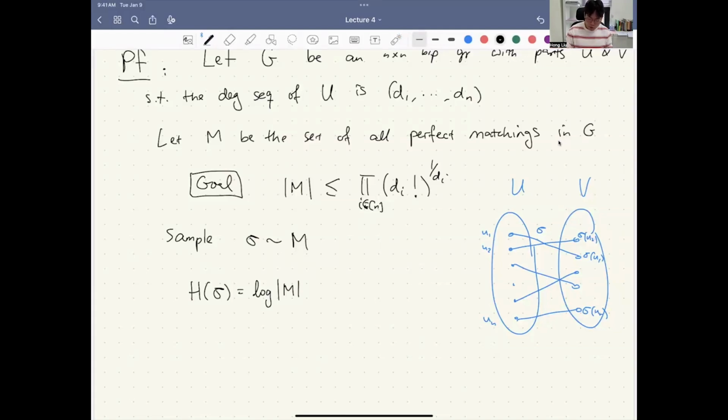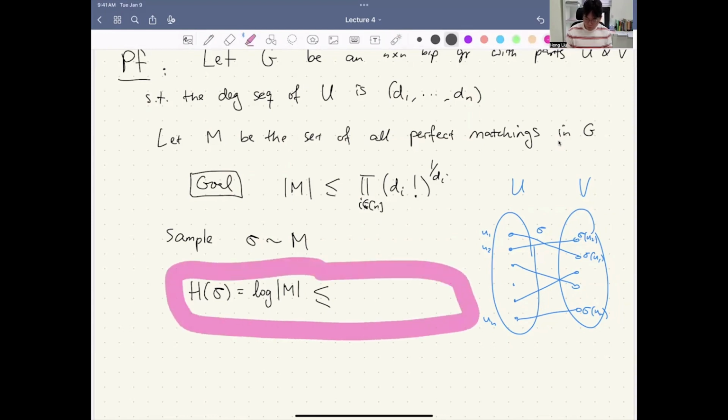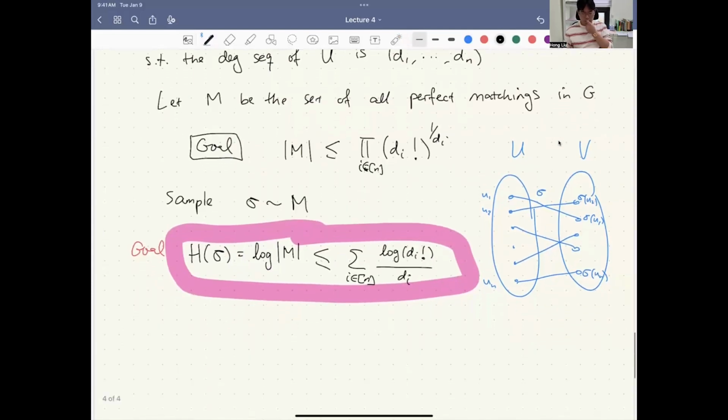And now our new goal is to prove that this is at most, let's take the log there, the sum over all i of log di factorial over di.